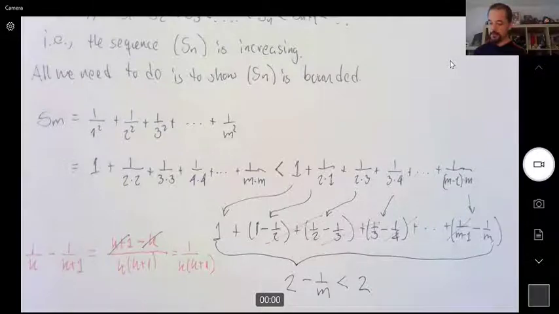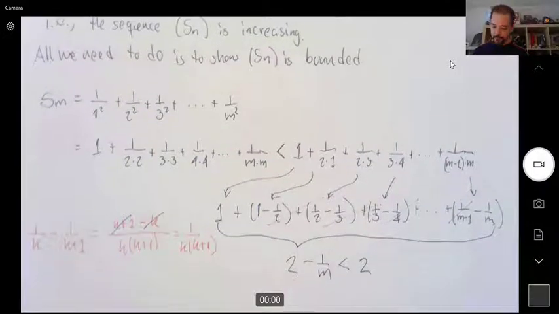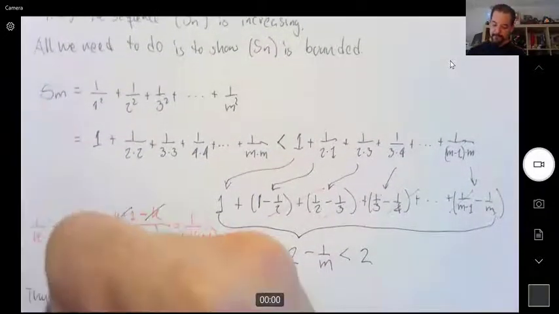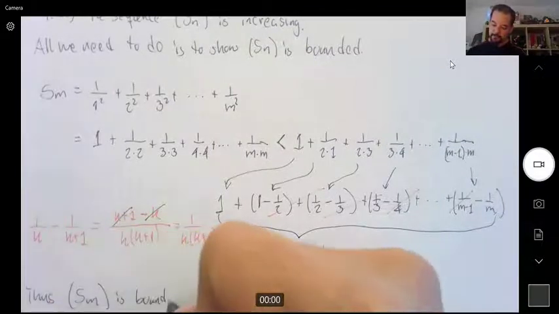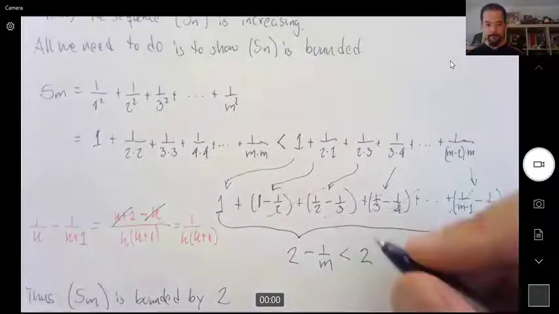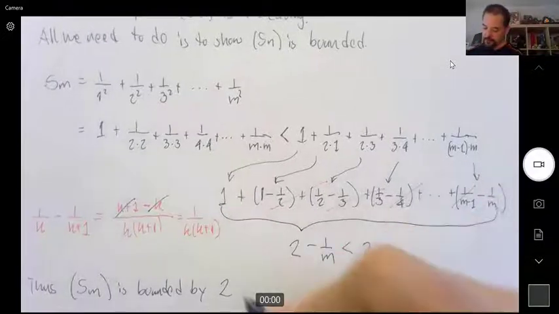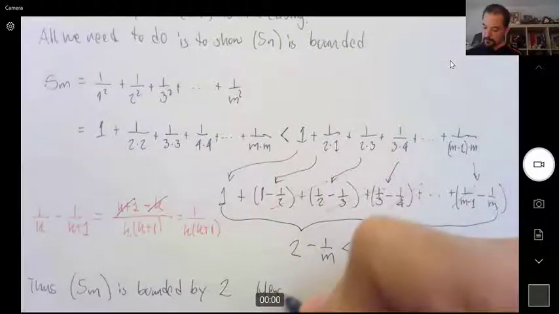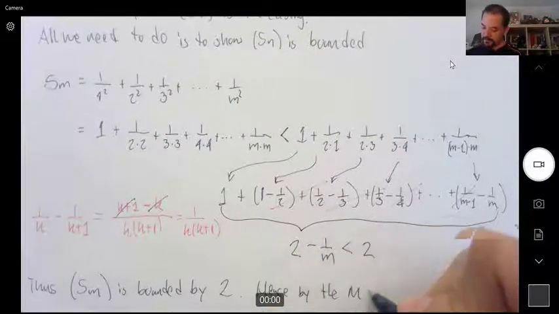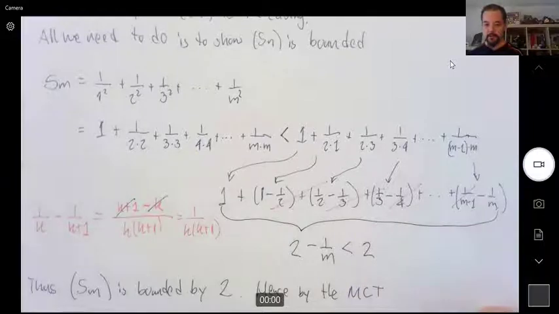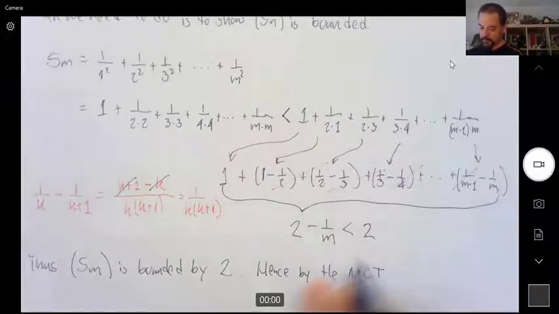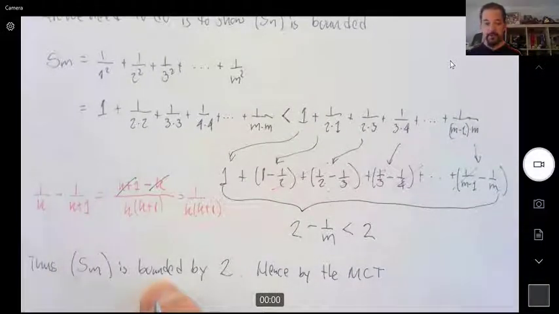So for sure, my sequence is bounded. Thus, S_m is bounded by 2. And hence, by the monotone convergence theorem, which I'm abbreviating MCT, because it's bounded and it's increasing, the consequence is that it is convergent.